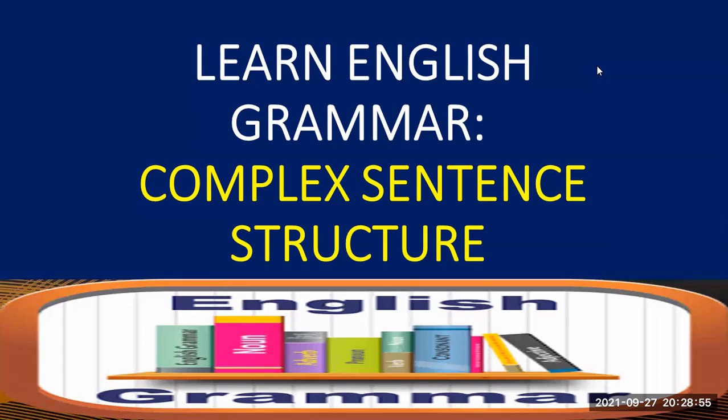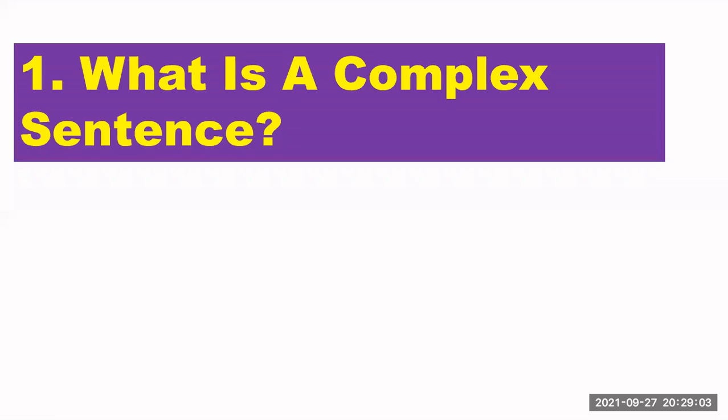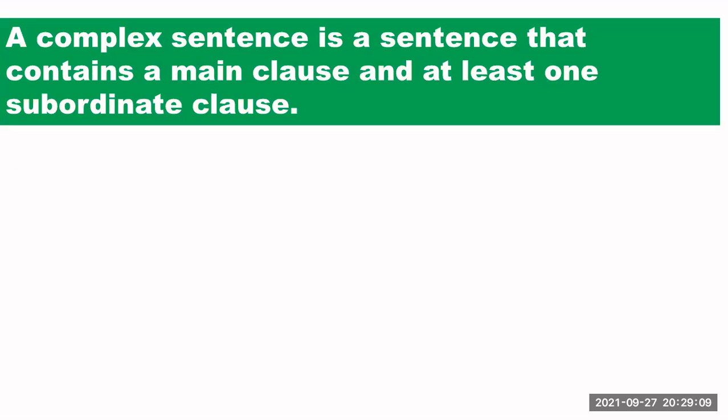Without much ado, let's dive into the lesson. What is a complex sentence? That's the first thing we want to look at. A complex sentence is a sentence that contains a main clause and at least one subordinate clause.